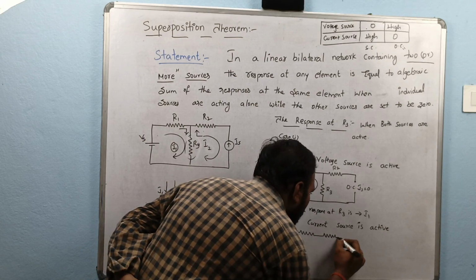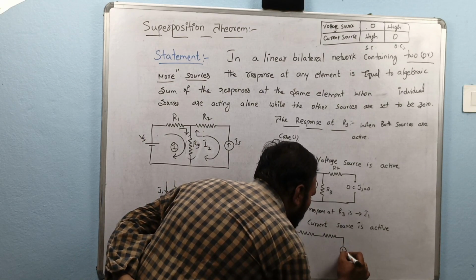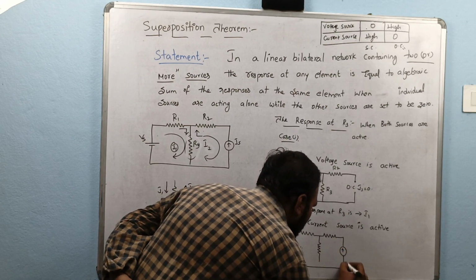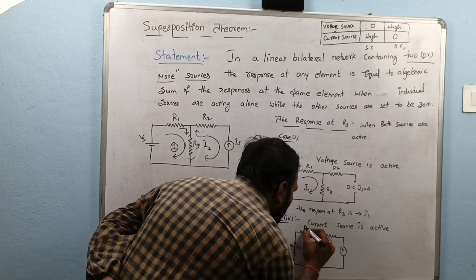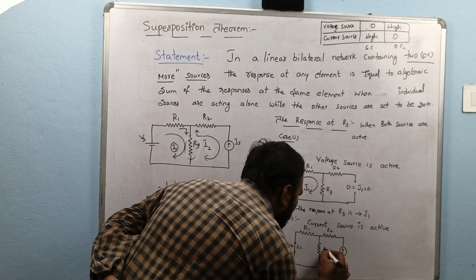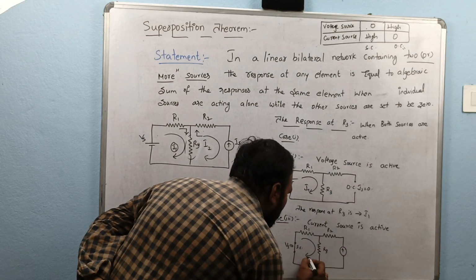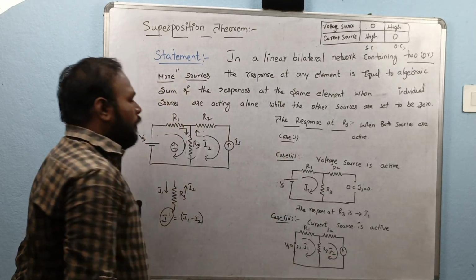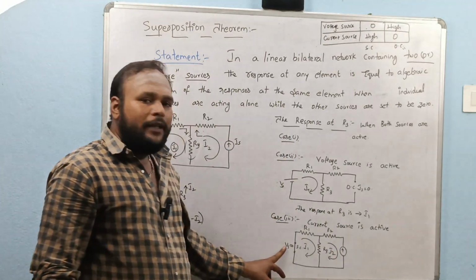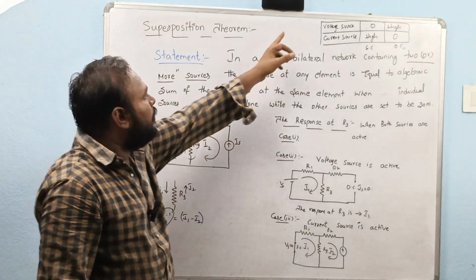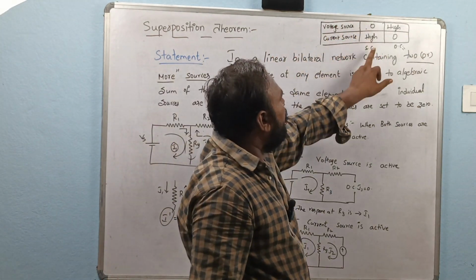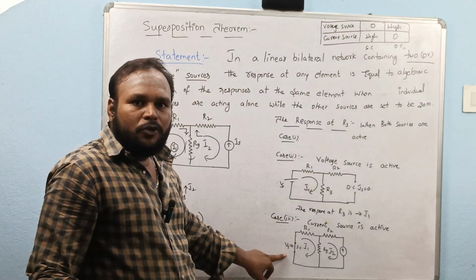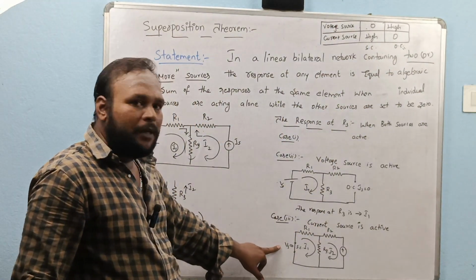R1, R2, current source is active, R3. R1, R2, R3. So the loop currents are I1, I2. To make this voltage source 0, we just make the source a short circuit, then the voltage source becomes 0.